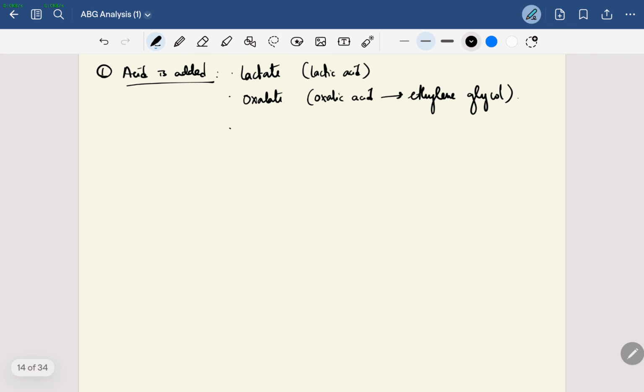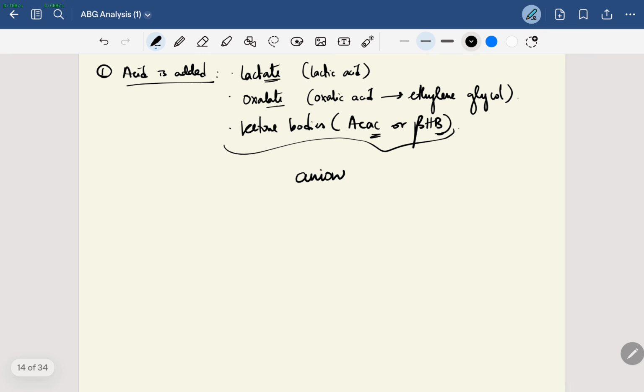It could come in the form of ketone bodies like acetoacetate or beta hydroxybutyrate. Now, you've noticed I've used the suffix ate for all of these: lactate, oxalate, acetoacetate, butyrate. These ates are basically all anions, and they're not measured by the ABG machine. So these are all unmeasured anions.